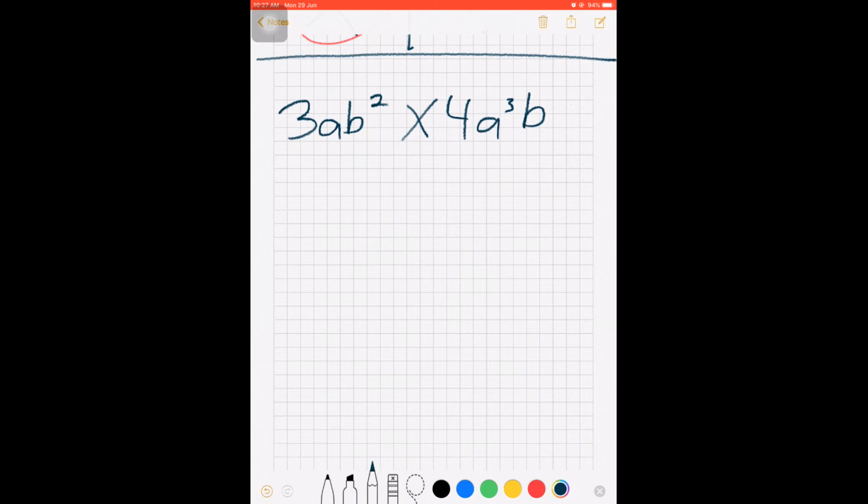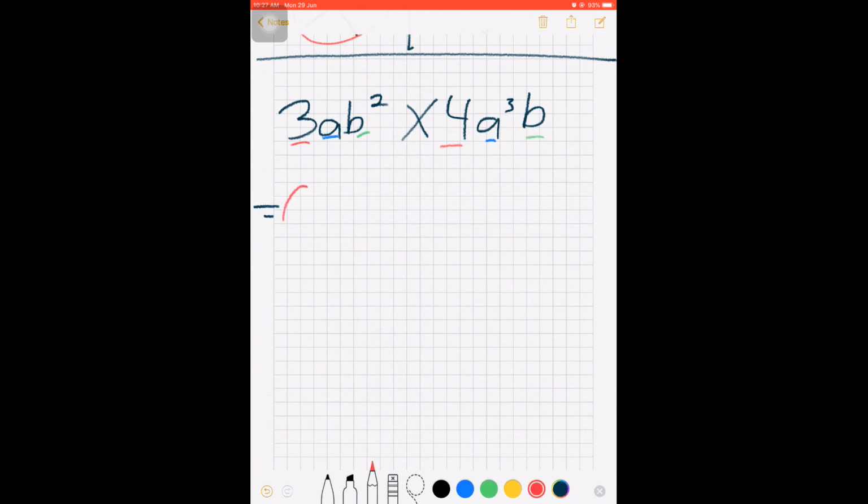Okay, gather the like terms and gather the variables yang sama. Okay, so kita buat. So yang sama is 3 and 4, A and A, B and B.